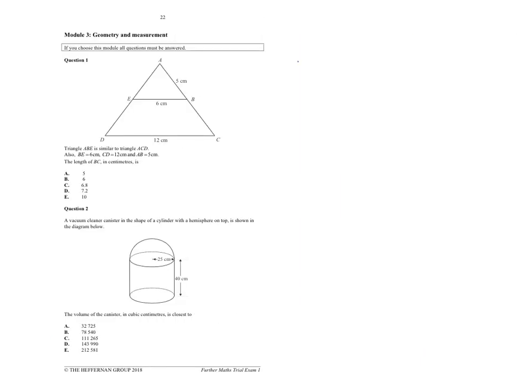Okay, question 1. We have 2 similar triangles. We've got A, E, and B, and then the big one, which we've got A, C, and D. So you can compare sides. Now this one, I'm just going to call this distance here X, and they want you to find that. So if I just call this side 5 plus X, because that's what it is, you can just do solve and do your similarities.